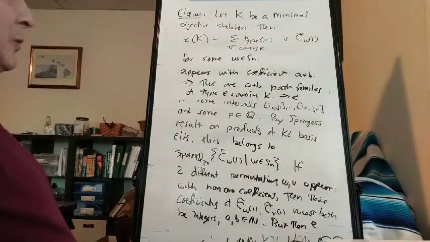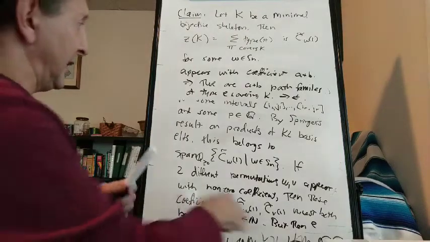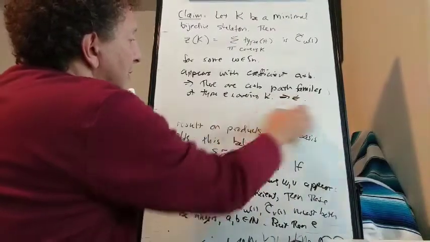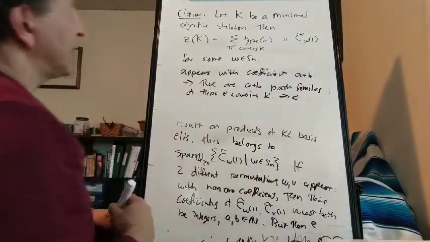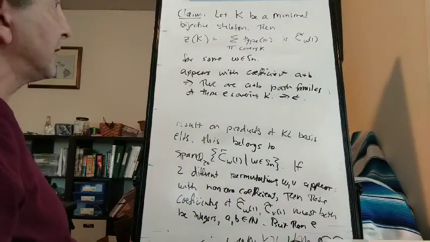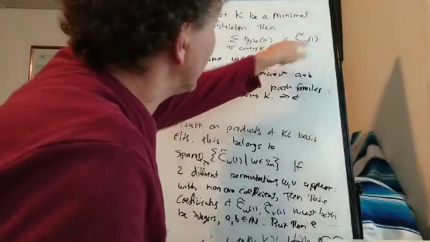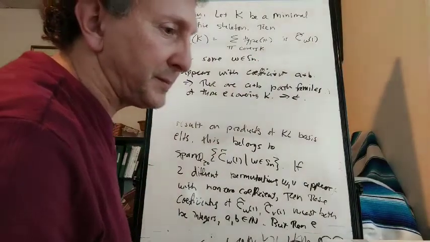We know that there's exactly one path family of type E covering K. So this minimal bijective skeleton has to satisfy Z of the minimal bijective skeleton equals one Kazhdan-Lusztig basis element.